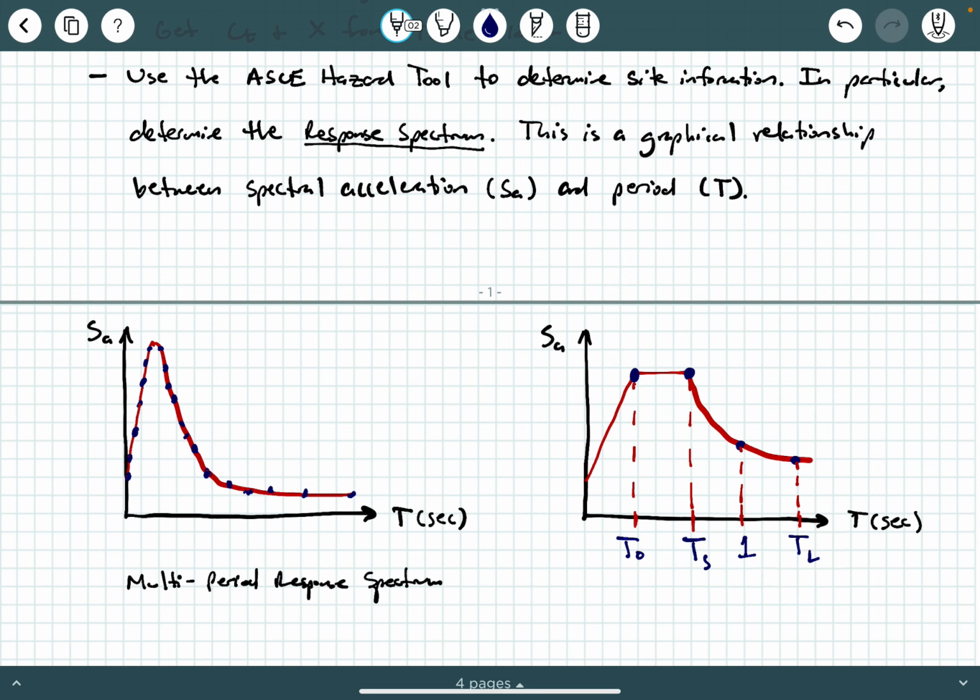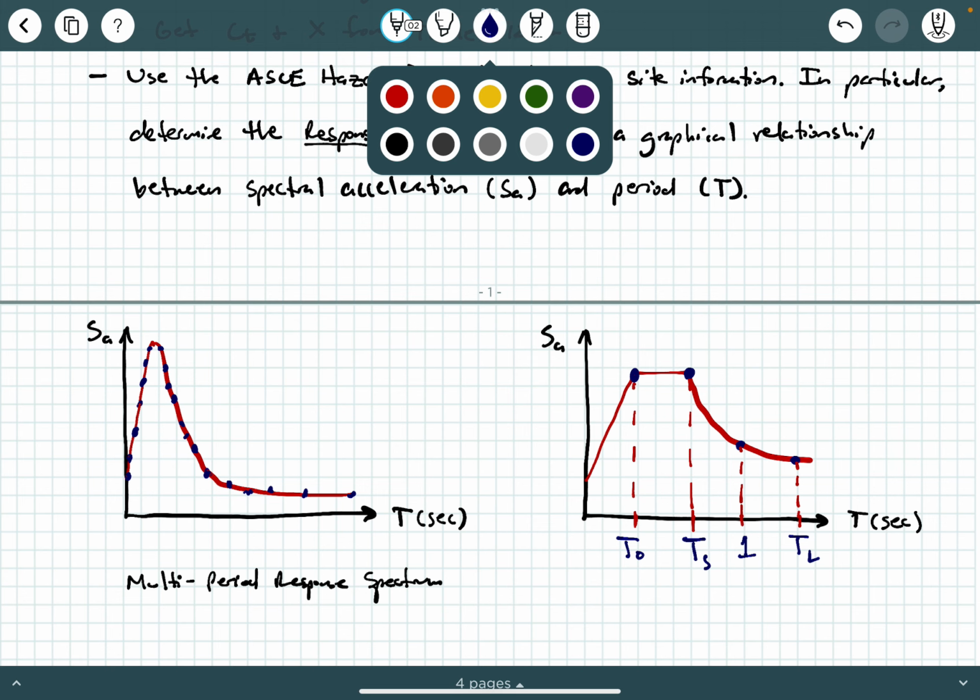So again, the hazard tool can give you both of these for pretty much every site. This 2-period response spectrum is kind of historical. It still can be used today, but we're moving more and more into this multi-period response spectrum, okay?